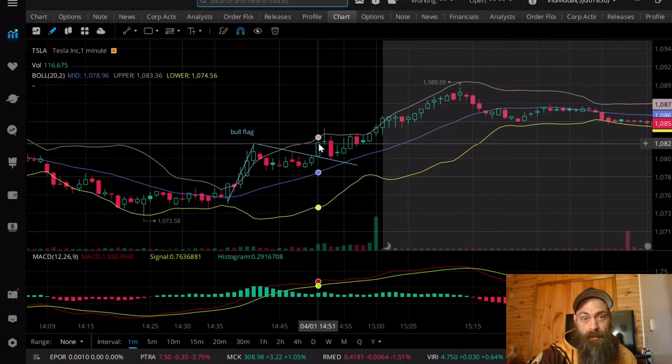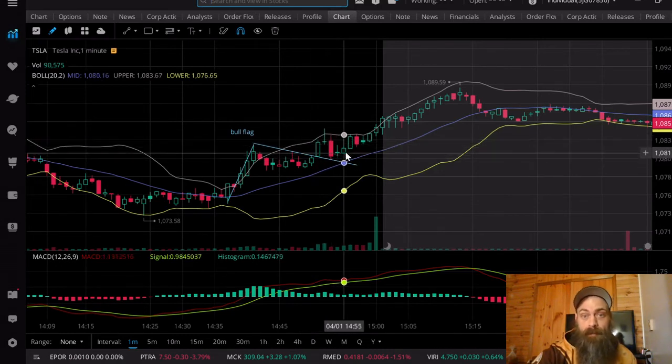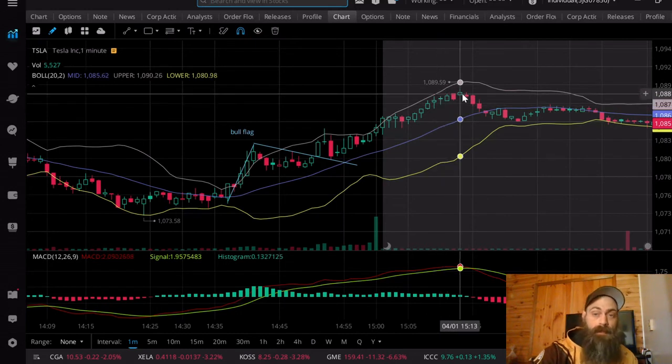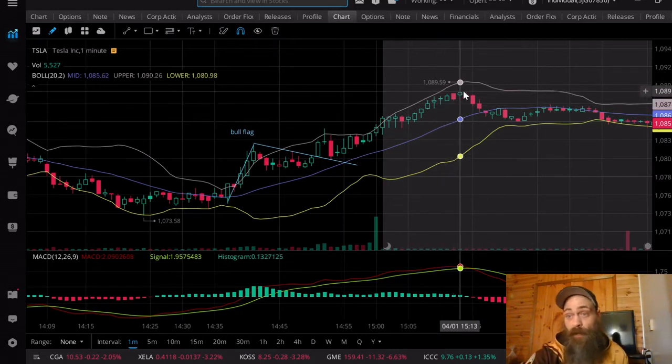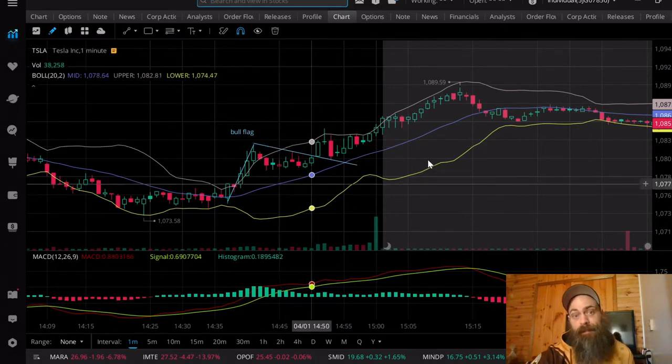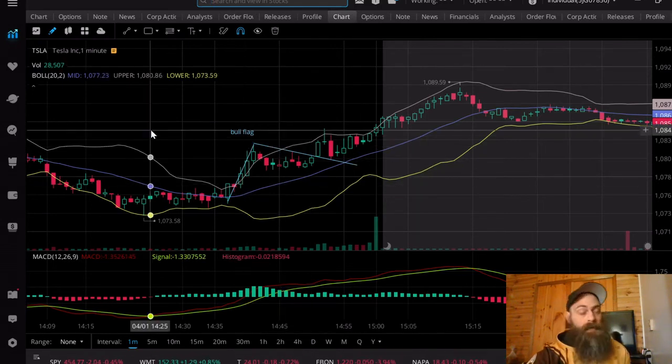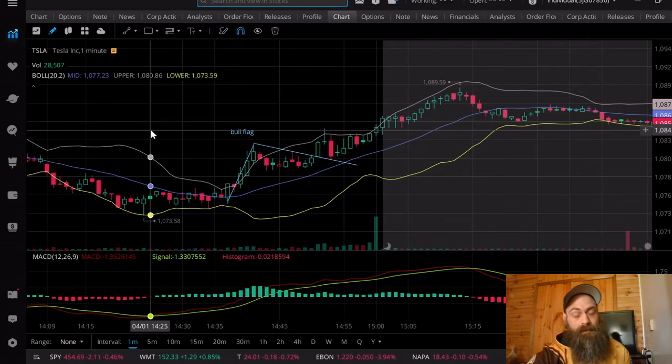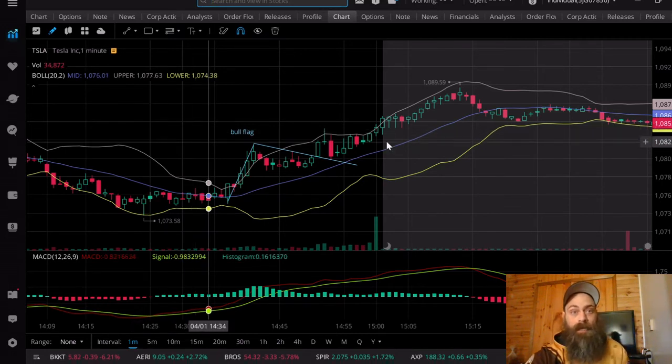It did close above this, and like I said, it could come up and then back down, but eventually it did walk up, and went up quite a ways. So that's going to be your bull flag. And I would recommend that you go around and look at the charts, and try to find these patterns yourself. So that is the bull flag.